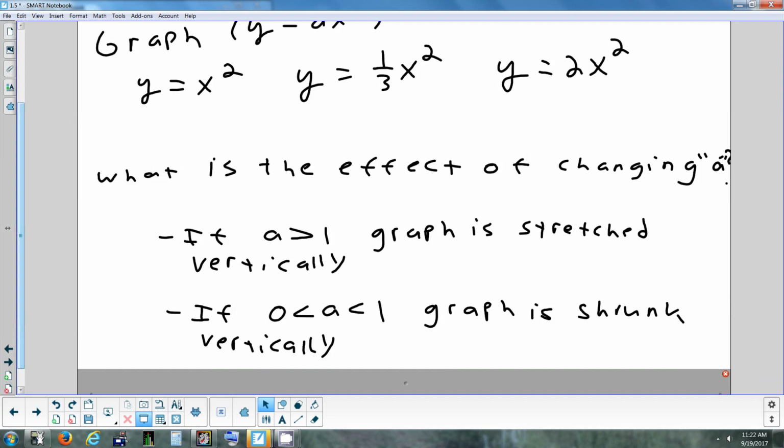So a greater than 1, vertical stretch. A between 0 and 1, vertical shrink, or the graph is compressed vertically. Questions?